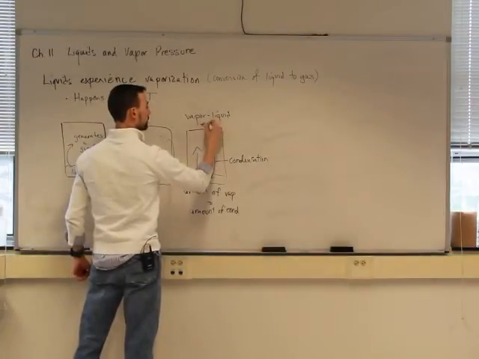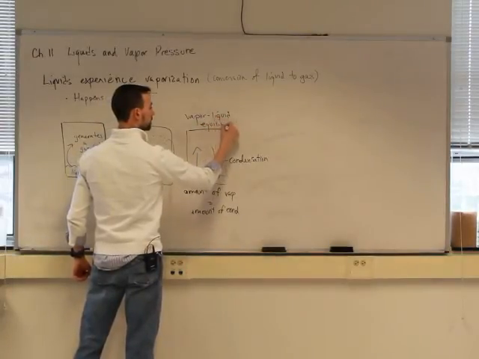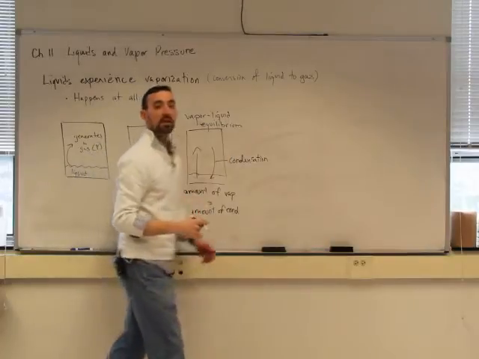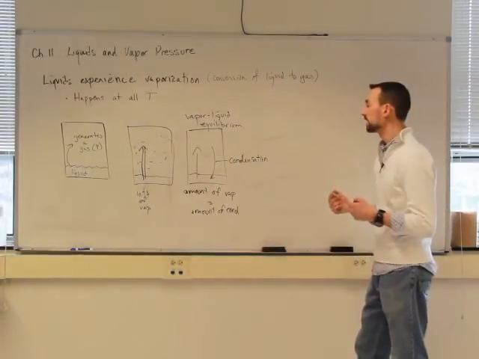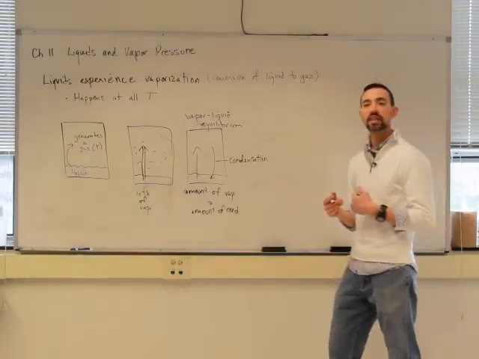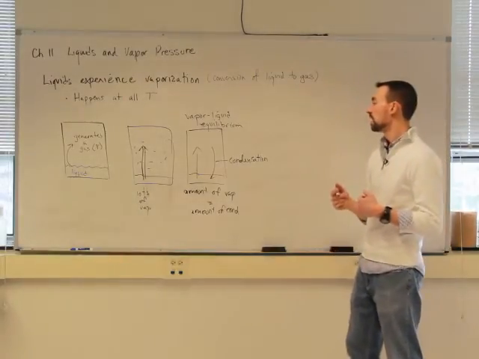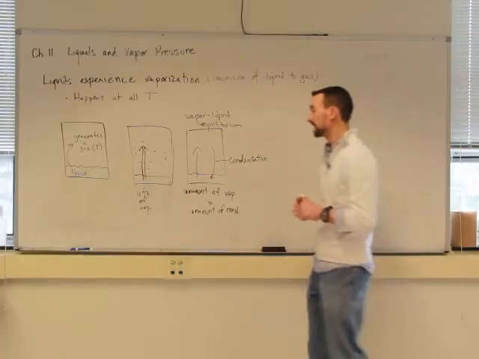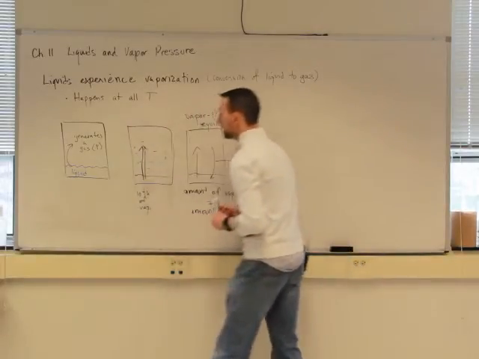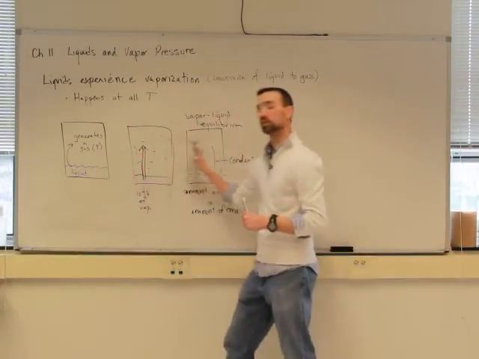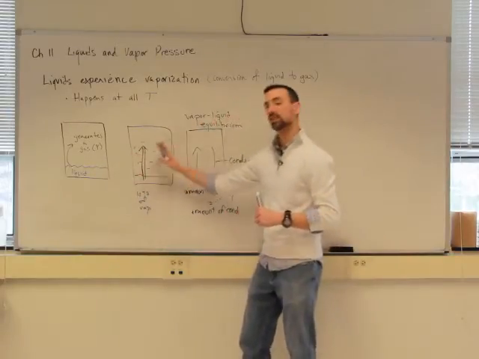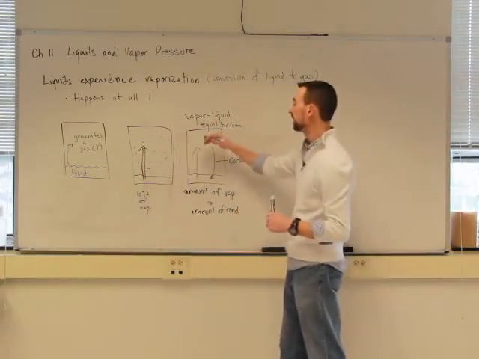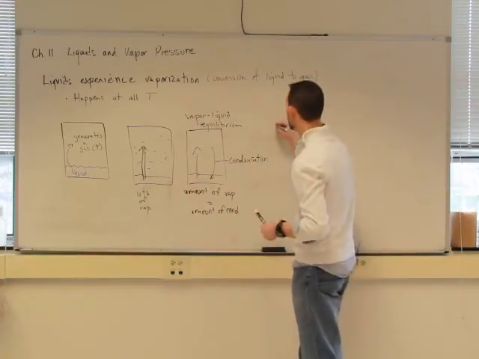Okay? So when the two processes are both occurring at the same speed, we have a condition of equilibrium taking place. And what that's going to mean for the gas that we've generated, going from one picture to the next, the amount of gas is going to be increasing, and then it's finally going to reach a steady state amount.